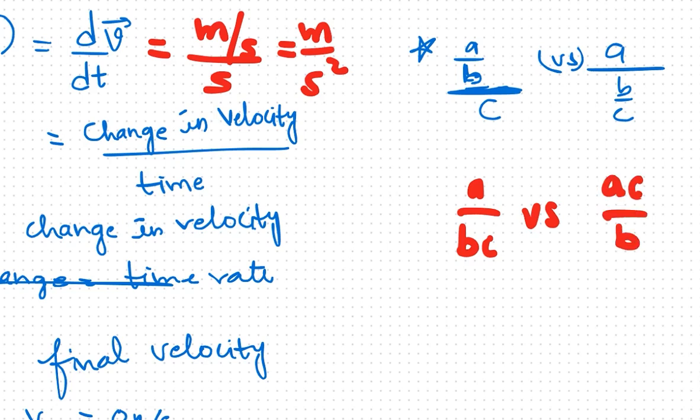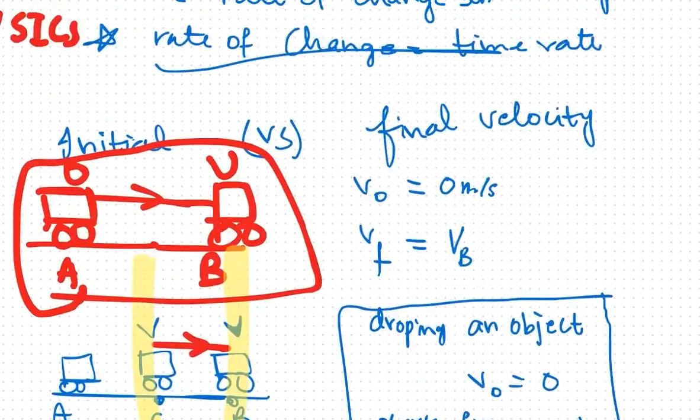Basically, division means there will be a long symbol. Treat the other two as separate units. So this is one unit, this is another unit. So a by bc, here is the long fraction. So a upon b by c: b by c becomes c by b, and c becomes 1 by c. That is why it is meter per second square. Velocity has been divided with time.